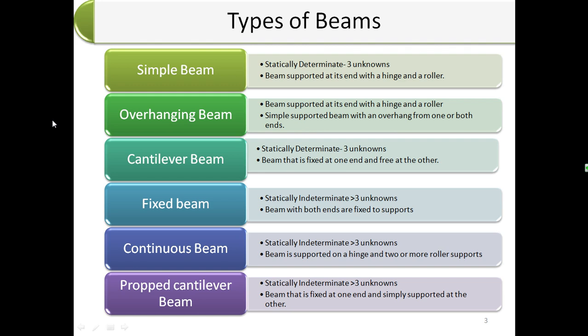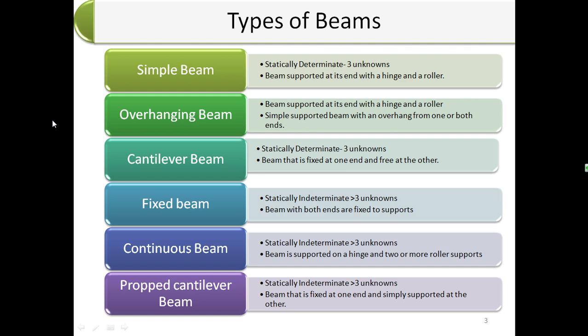So the simple beam, overhanging beam and cantilever beam are all known as statically determinate beams. In all three beams, only three unknowns will be there. All these unknowns can be solved using the equilibrium equations: the algebraic sum of all vertical forces is equal to 0, horizontal forces is equal to 0, and taking moments about any one support point, including all the loads and reactions, the summation of moments is equated to 0.